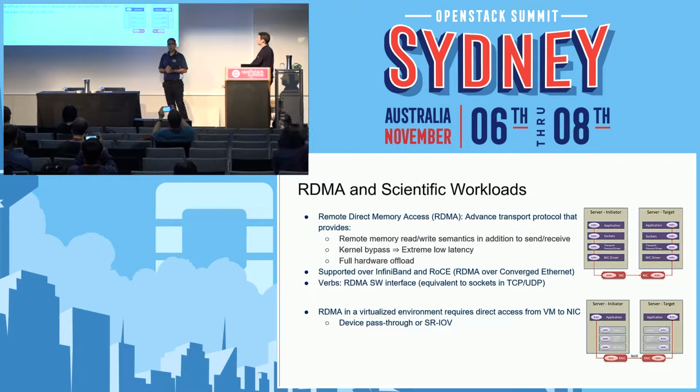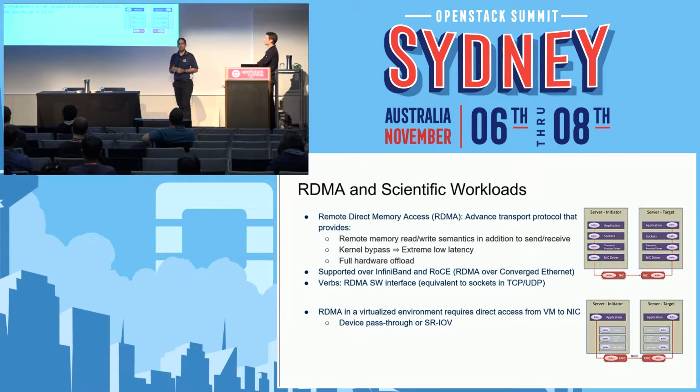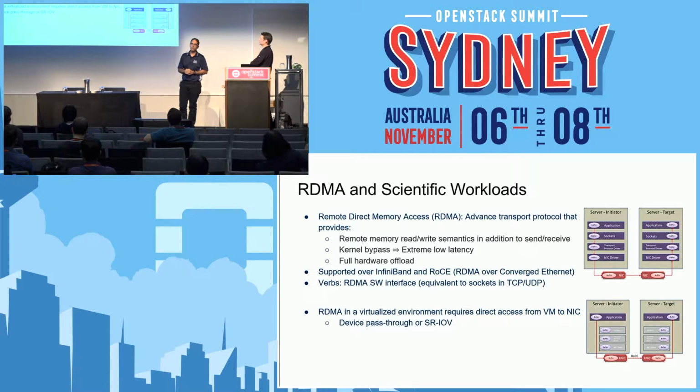RDMA is a transport service, just like TCP and UDP that I'm sure you're familiar with. It's in the same layer, layer 4 of the networking stack. But unlike TCP or UDP, it was designed much later. If TCP and UDP were designed in the 70s, RDMA was designed in 99 or 2000 as part of the InfiniBand specification, and it is a much more advanced transport service.